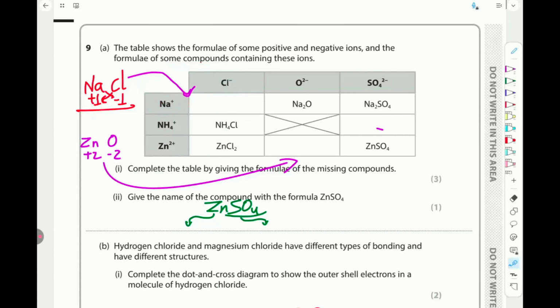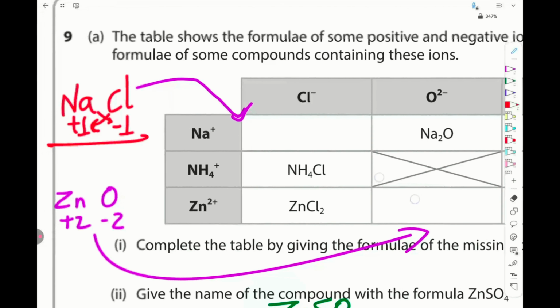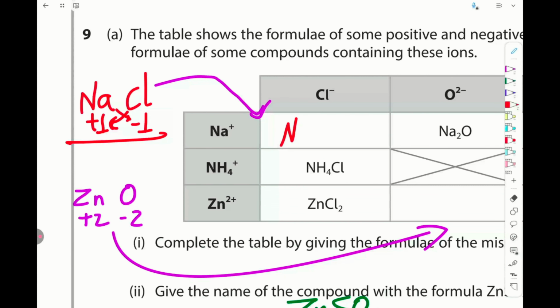Again, positive ion goes left, negative ion goes right, as long as we don't have formate or acetate. And then we look at the numbers. Here, this is number 1. So as long as the numbers are equal, we combine them together without looking at the numbers. So the formula will be NaCl.